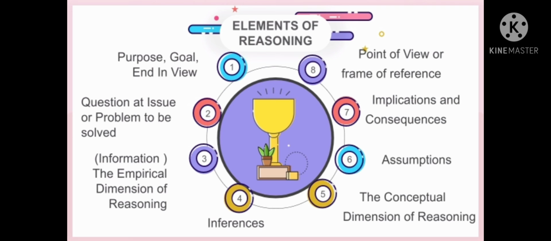Any defect in the implications or consequences of our reasoning is a possible source of problems. The ability to reason well is measured in part by an ability to understand and enunciate the implications and consequences of the reasoning. The last element of reasoning is the point of view or frame of reference.